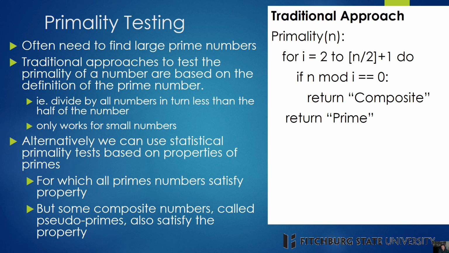Now, since prime numbers play a very important role in number theory, we need an algorithm to test the primality of a number. Suppose I have a number n. How can I test whether n is a prime number or not?